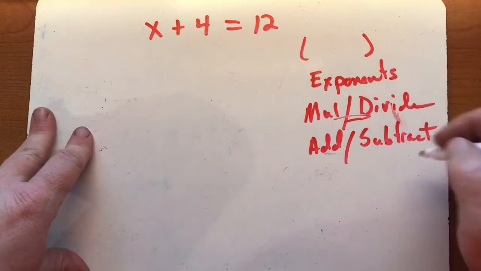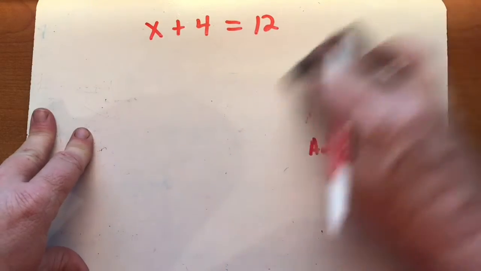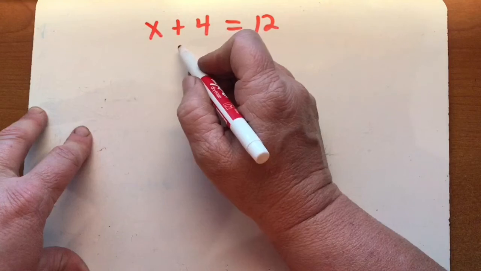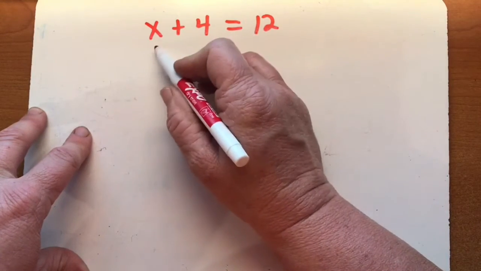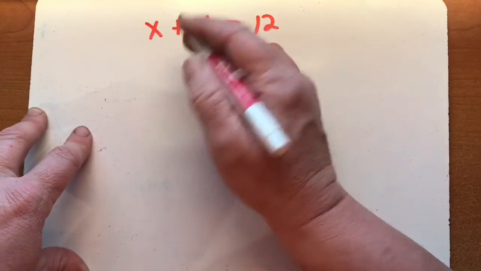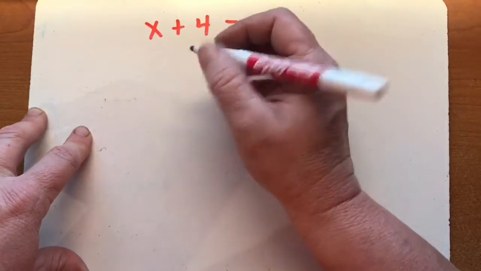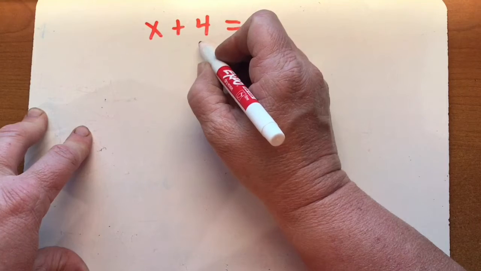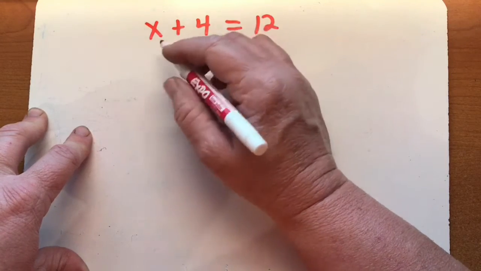And not only do we do reverse order of operations, we do reverse mathematical operations. So you see this plus right here. Something is being added to x. To figure out what x is, to isolate him, I'm going to undo what is being done. Okay? I'm going to undo what is being done.